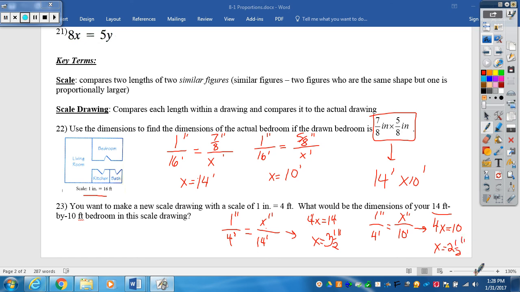Okay? So the new bedroom that you're going to lay out with the scale factor of 1 inch equals 4 feet is now going to be 3.5 by 2.5. Okay? So it's helpful to know how to convert these dimensions.